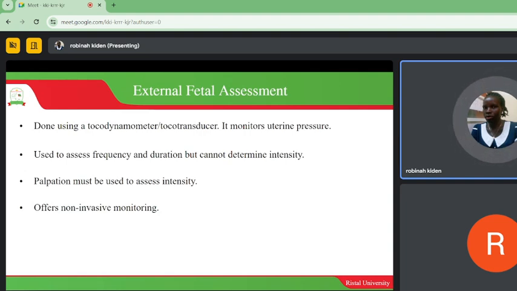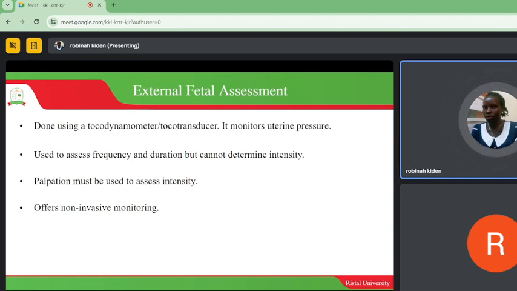This one is used to assess frequency and duration, but can also be used to determine intensity of the contractions. So it's mainly used during labor when the mother is in labor. It is in the form of a belt that can be tied around the mother's abdomen.